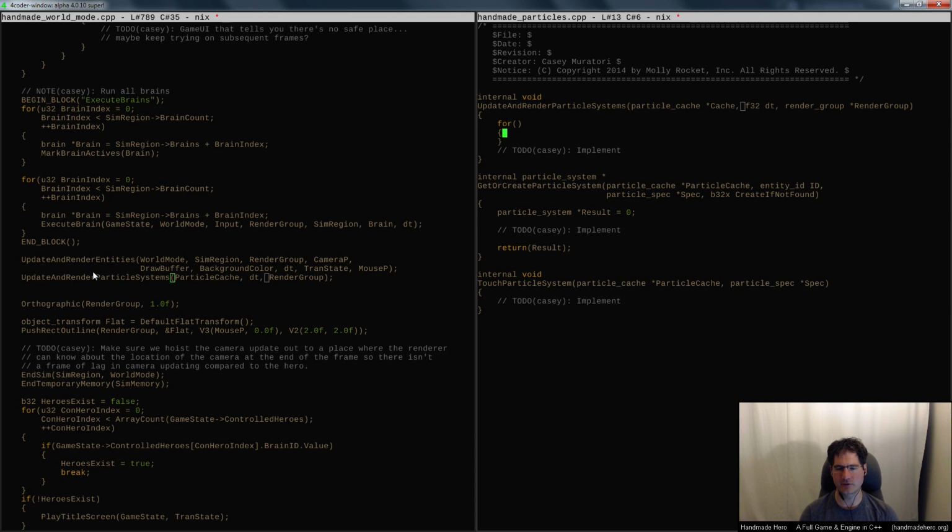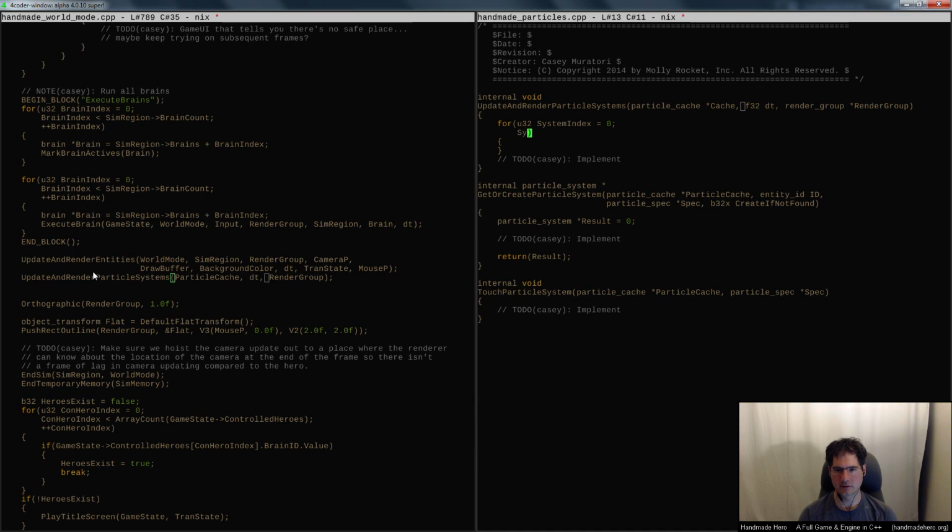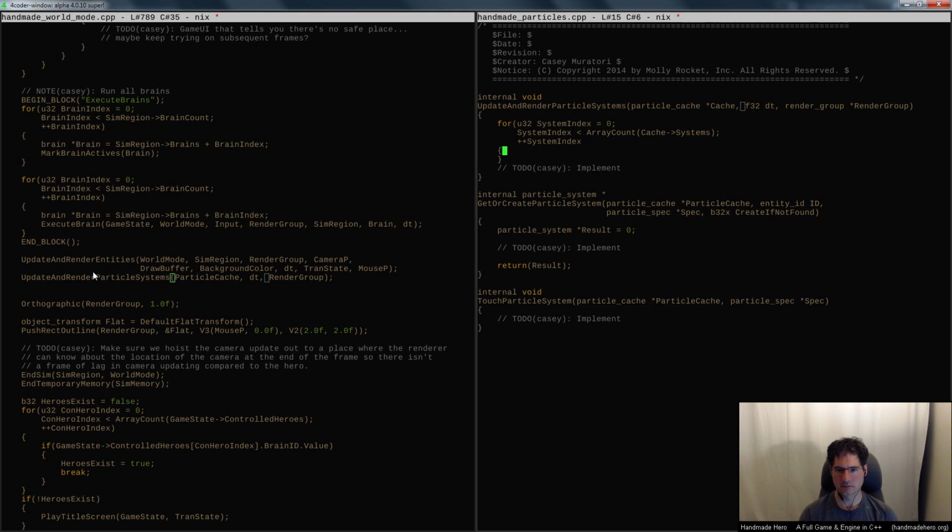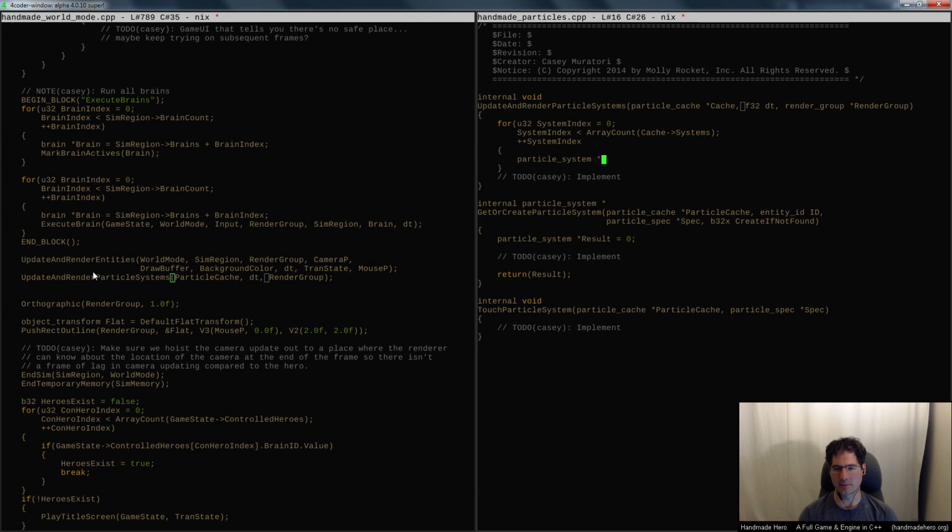And here there'll be a for I loop where we go through all of our particle systems, right? And probably that looks more like this. And the particle system is here.